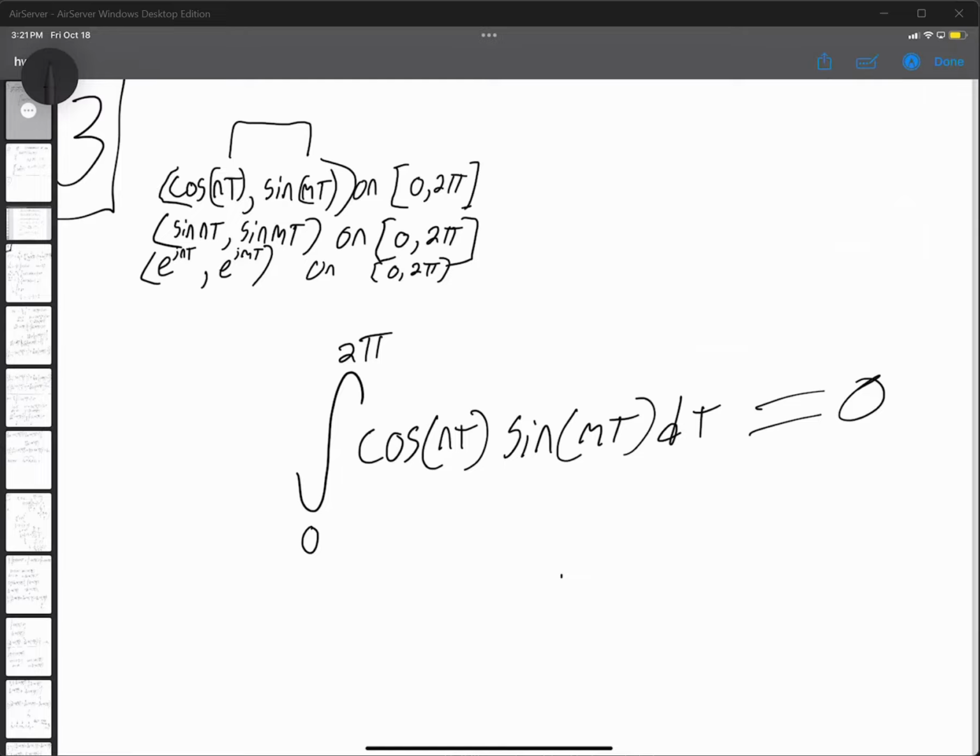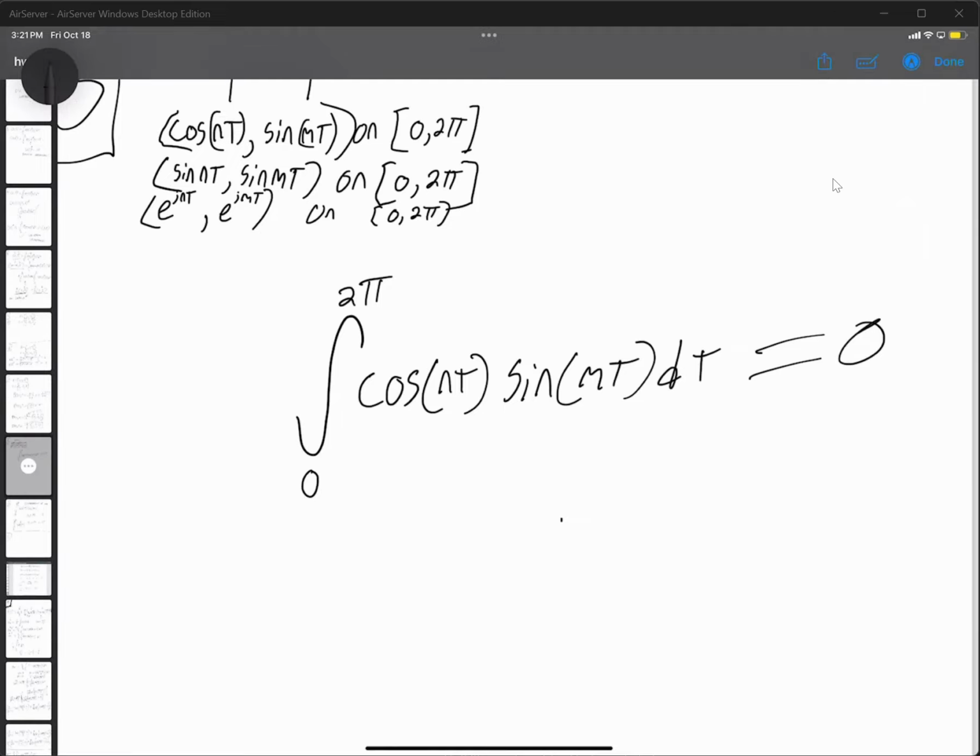Why do we choose integral? A standard inner product is given by the formula: the inner product of f and g equals the integral from a to b of f of t times g conjugate of t dt.